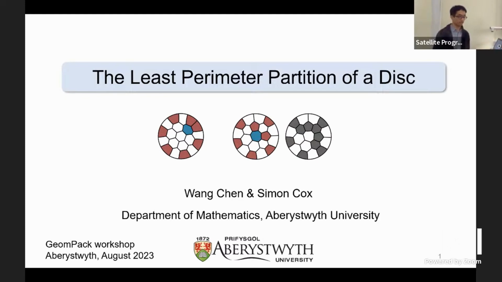The figure below shows the least perimeter partition for n equals 10 as the area ratio changes. They used scaled perimeter to make it easier to distinguish the perimeter difference between partitions, as the actual perimeter differences are quite small.